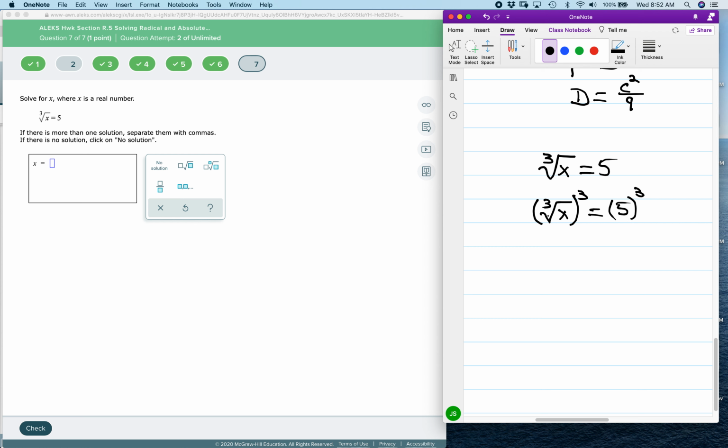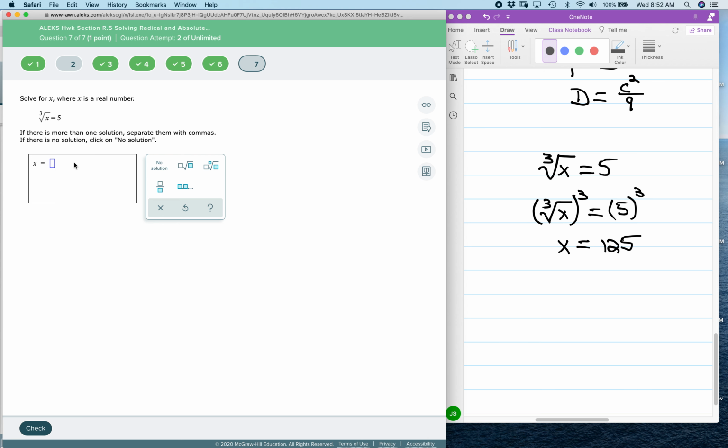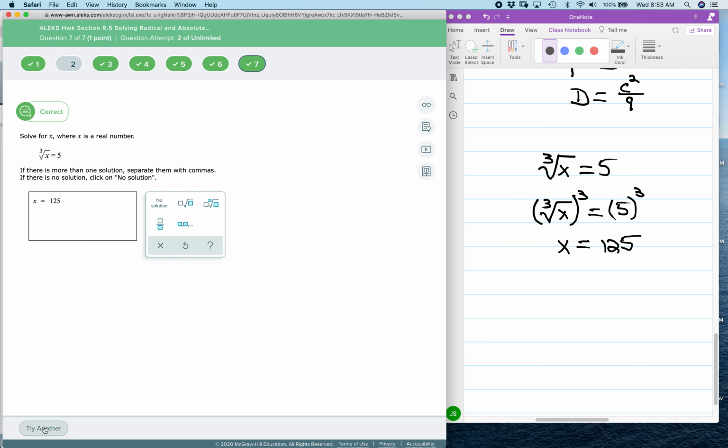So we have the cube of the cubic root of x, which goes to x. And 5 to the third is 125. And that is our solution for x. And checking the result, it is correct.